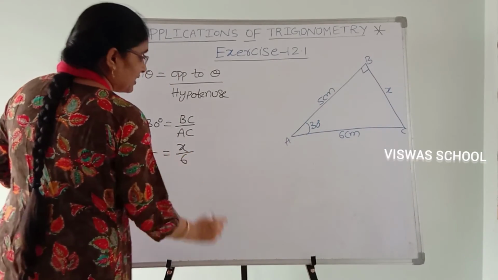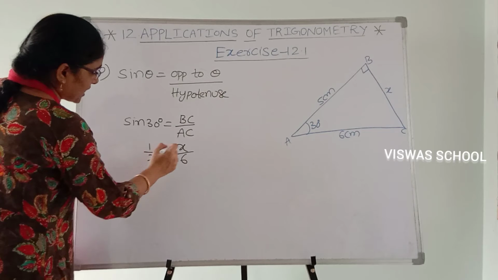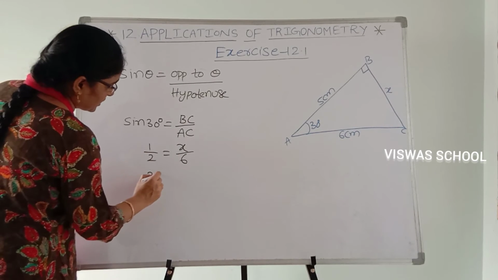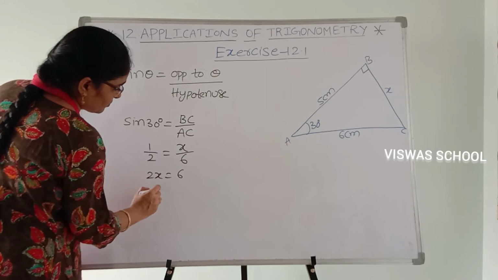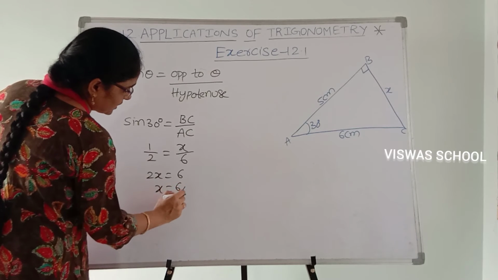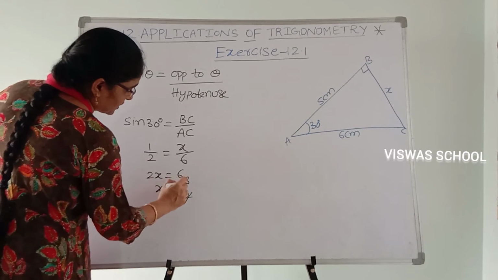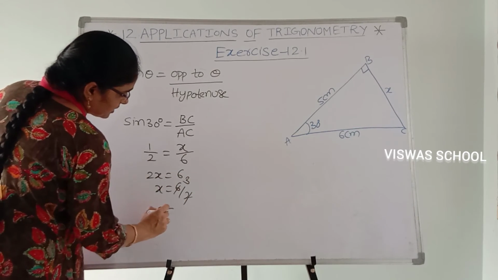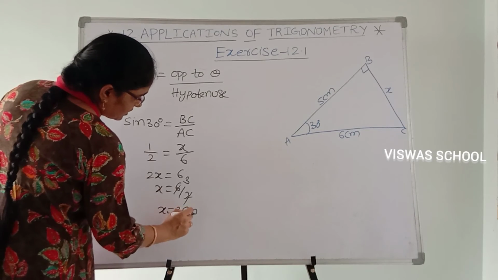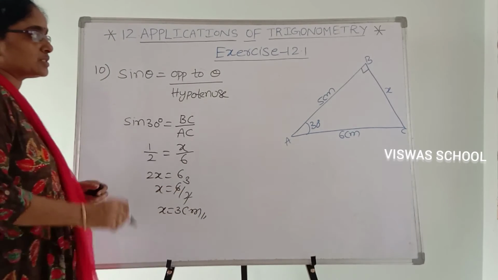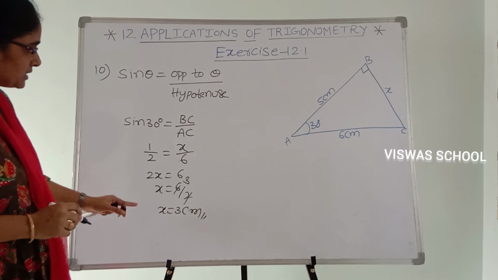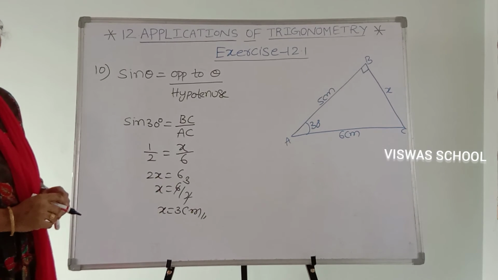By cross multiplication, 2x equals 6. Now x equals 6 by 2, that is 3 centimeters. This is the BC value. That is, BC equals x equals 3 centimeters.